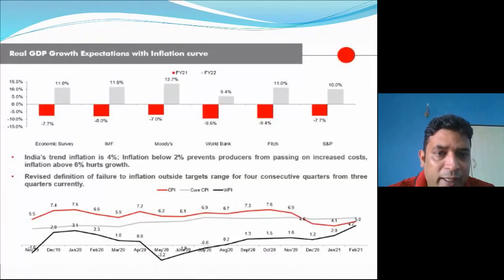Going with individual data points, if you see the real GDP growth expectation with the inflation curve, above is the CPI inflation, which is the core inflation which we normally have, and this is the WPI inflation. So from November 2019 to February 2021, our CPI inflation and WPI inflation is normally range bound.